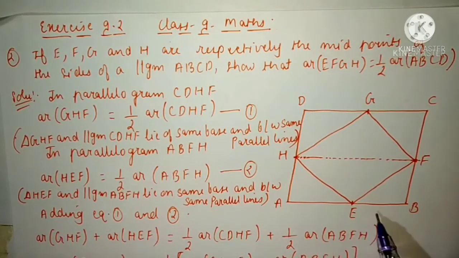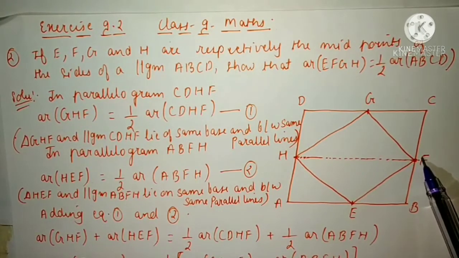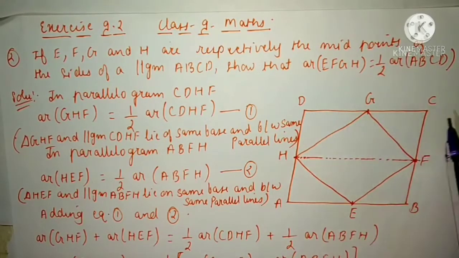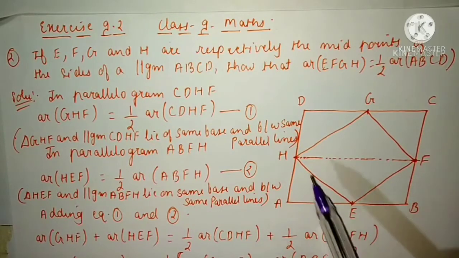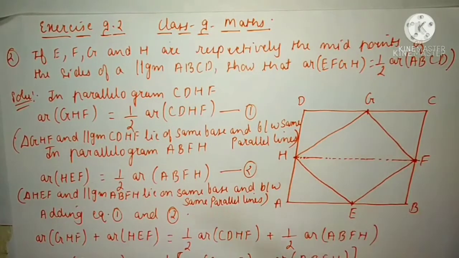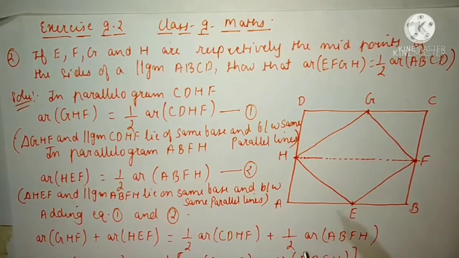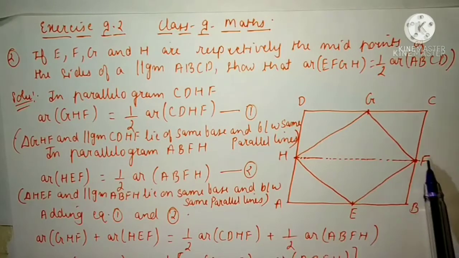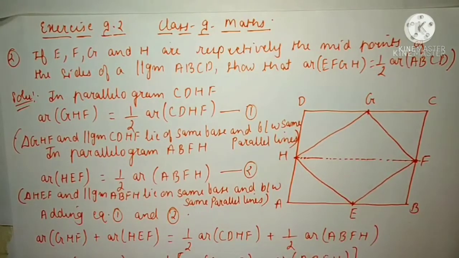E is the midpoint of this side, F is the midpoint of this side, G is the midpoint of this side, and H is the midpoint of this side. Now when we join all these, one parallelogram will be formed. Okay, and we have to prove that the area of EFGH is equal to half of the area of ABCD.